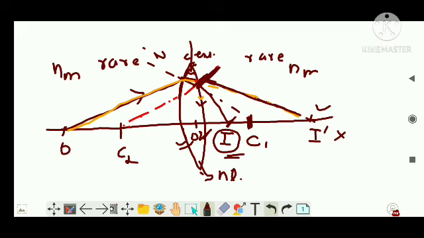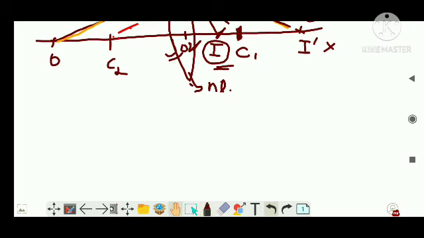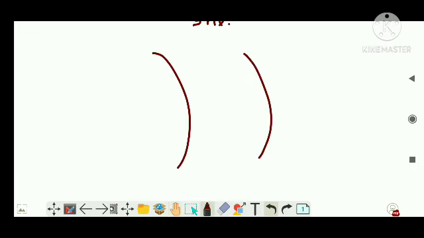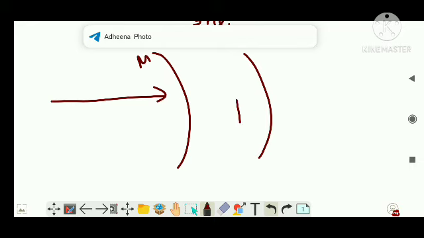I am not actually seeing I dash, but there actually is the image I dash, because we have said before, when two lenses or two mirrors are acting, remember we did a lot of problems, if this mirror is the first one and it has incident rays, then it will form an image. That image acts as an object for the second mirror.